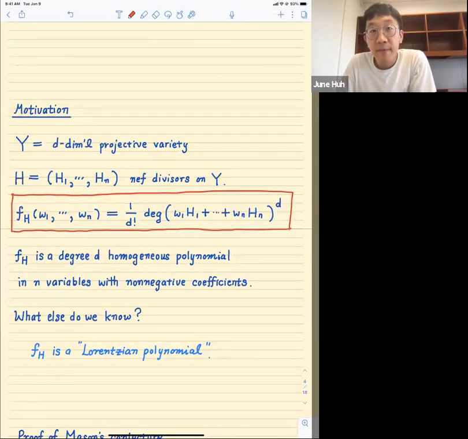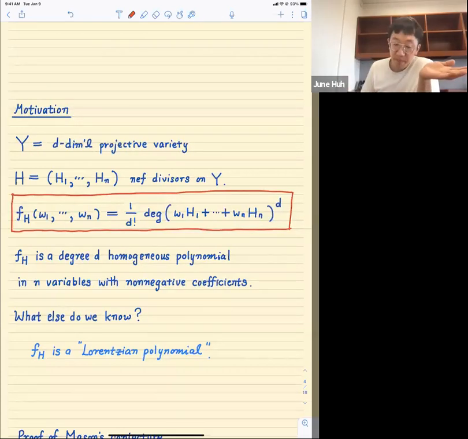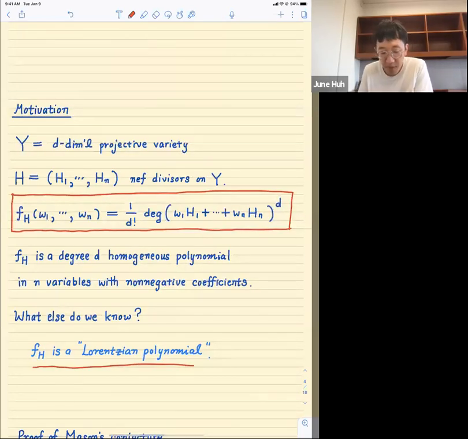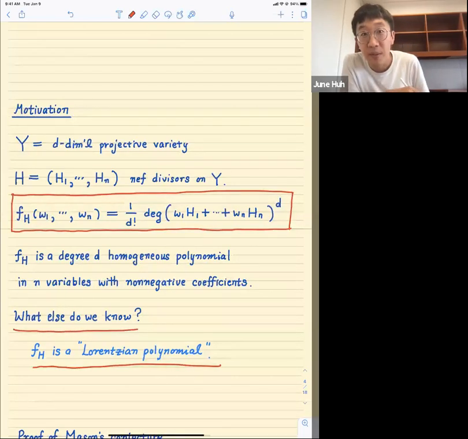And that is the fact which motivated us to define the class of Lorentzian polynomials. Or you can say that the notion of Lorentzian polynomials is engineered in such a way that FH being a Lorentzian polynomial becomes an answer to the question, what else do we know about this polynomial?